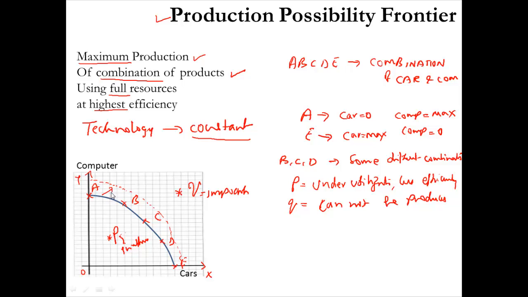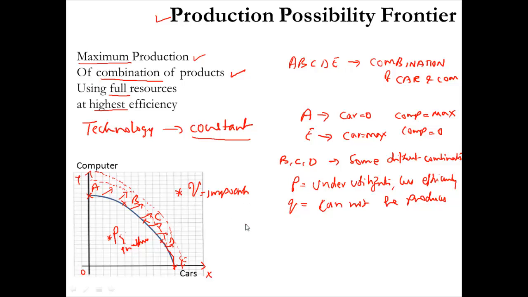Now, this rightward shift will be uniformly right if the technology changes and impacts the productivity of both computer and car in the same fashion. Suppose it is not same fashion. Suppose the computer technology alone changes and car technology remains unchanged. Then the shift will be more on the computer side and the shift will be less on the car side.